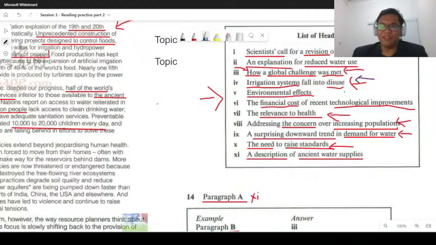So this one, the fourth heading, and this one, and this one, and this one. So right now you have about five options to choose from. So how do we find the correct one? How do we narrow the options, right?